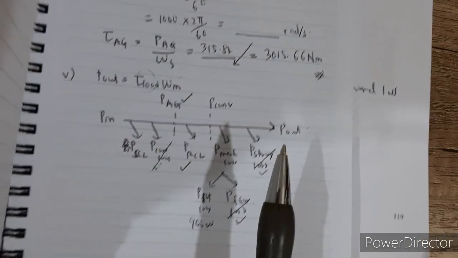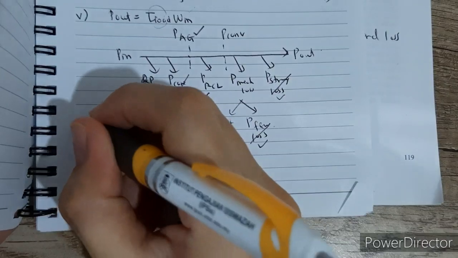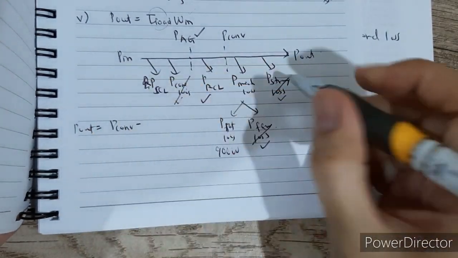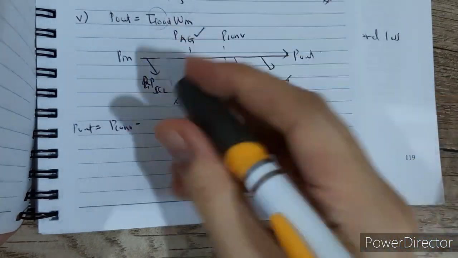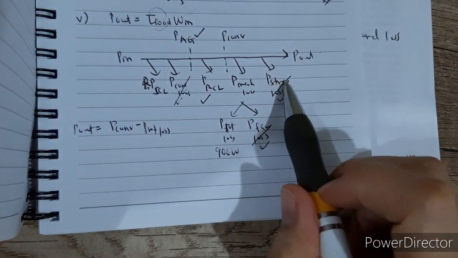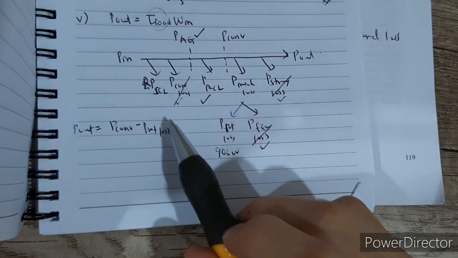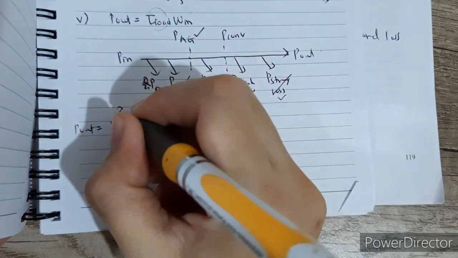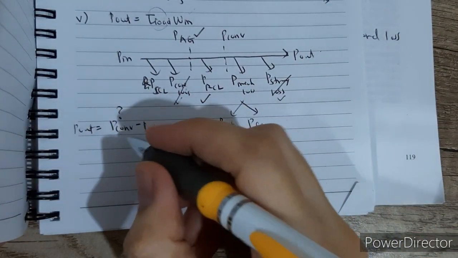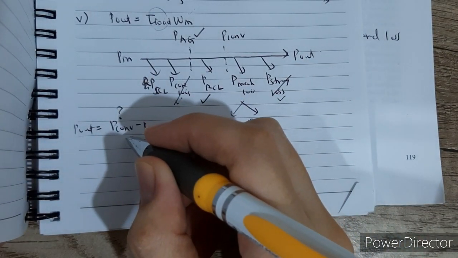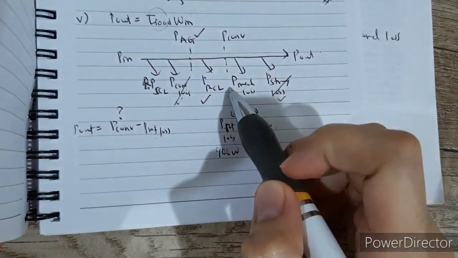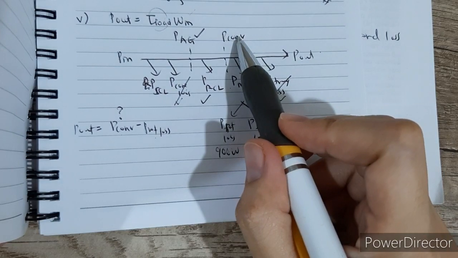Okay, let me show you. P out can be P converted minus P rotational loss. Actually minus this and this, but it's 0, so we are only left with this, but we don't know yet your P converted. But we can find P converted using P air gap minus PRCL equal to P converted.